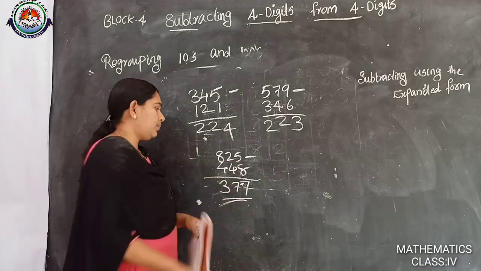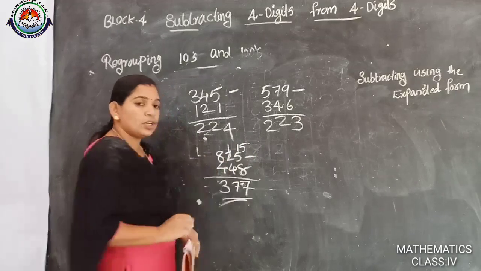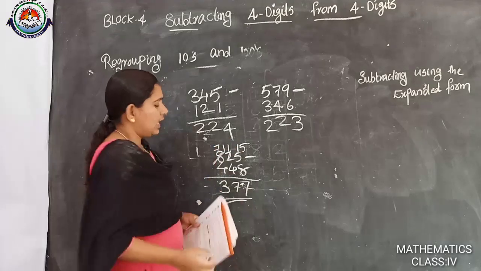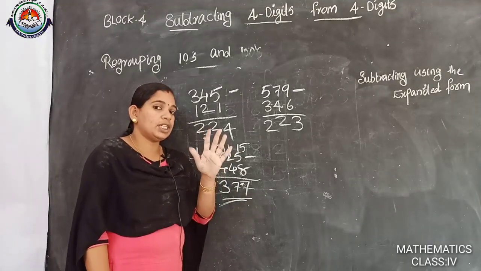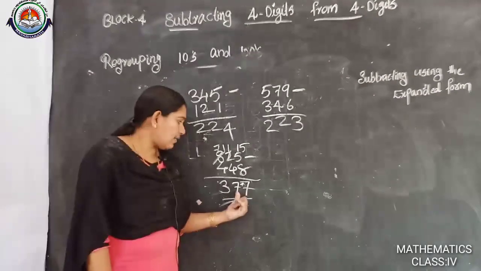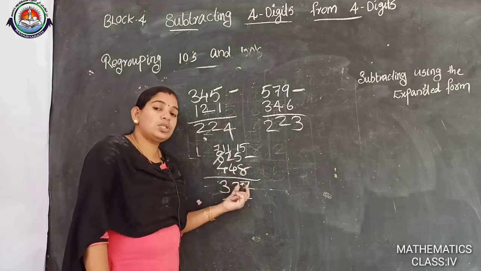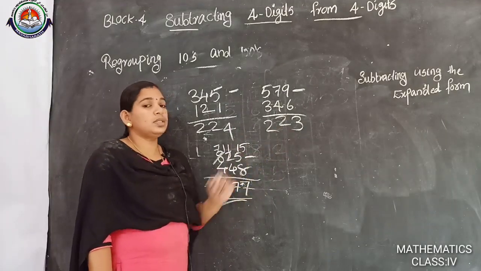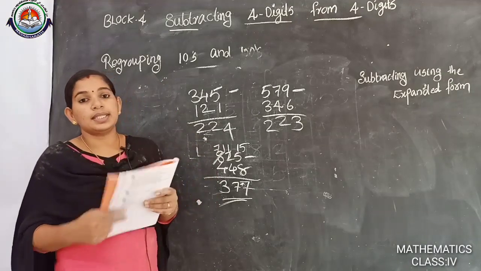Here only 1. 1 minus 4 is not possible. So we are taking 1 from here. This becomes 7. Here 11. 11 minus 4: 5, 6, 7, 8, 9, 10, 11. 7. 7 minus 4, 3. So this is also true. These two are true. This one is false. Then the second question, expand and subtract.